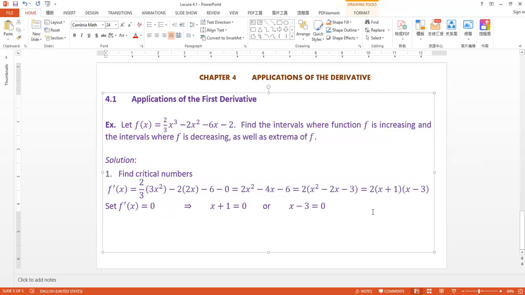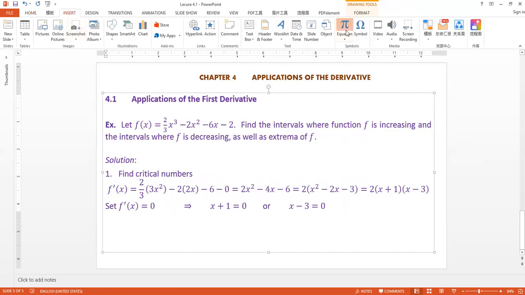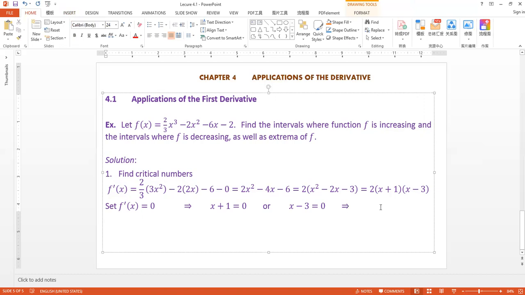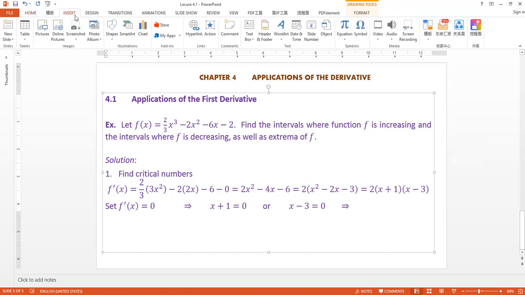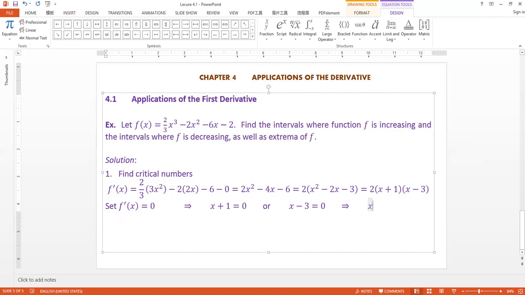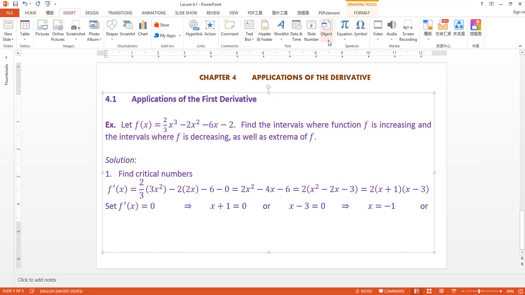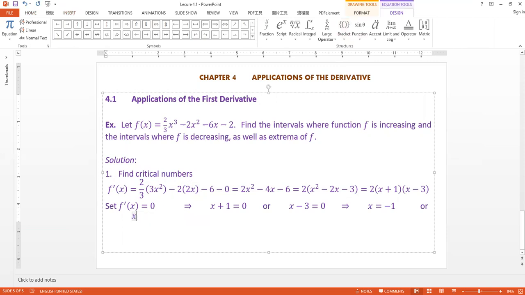So you can easily find the solutions for those two equations, and we have x equal to -1 and x equal to 3.